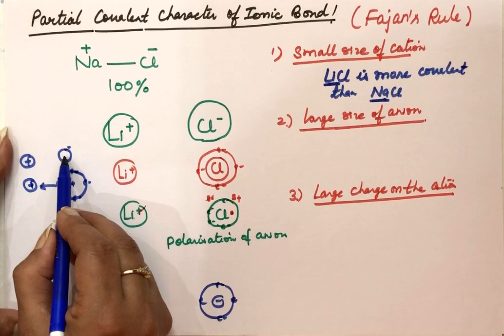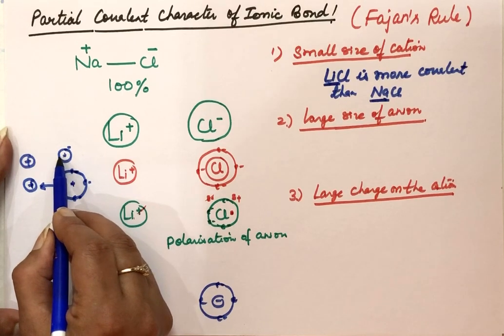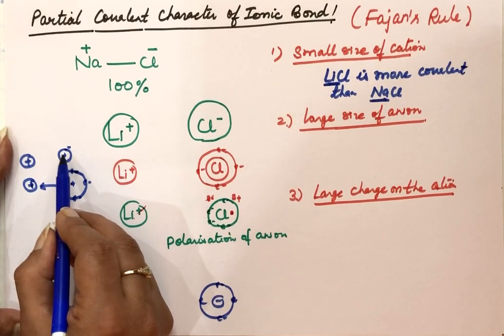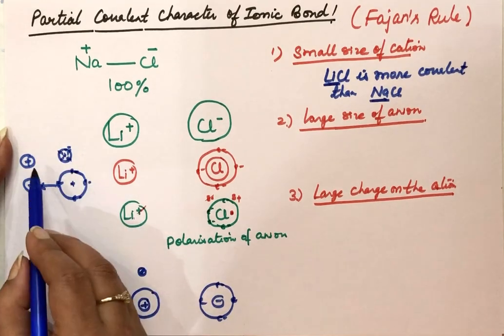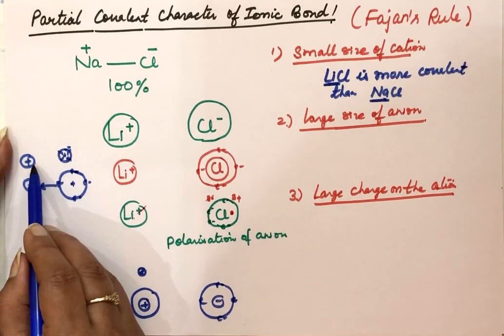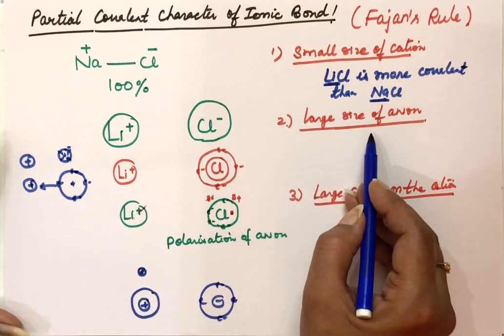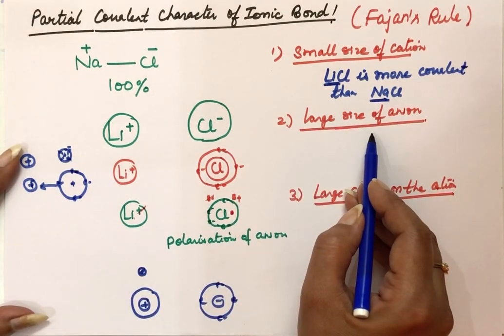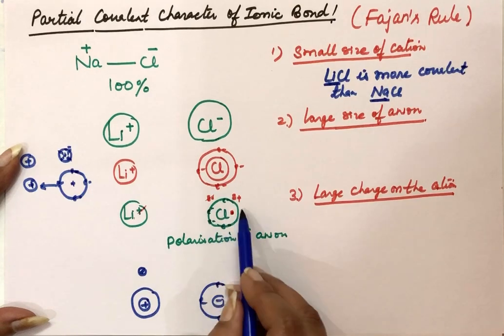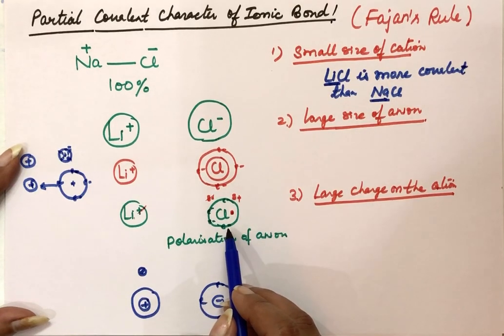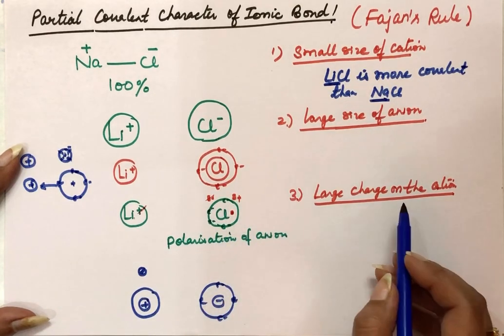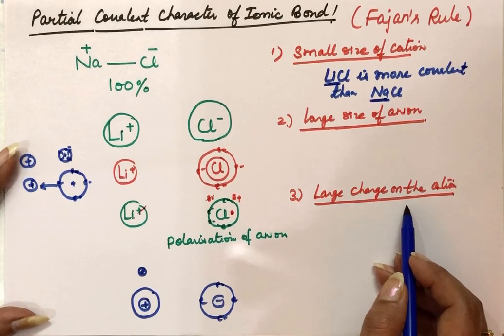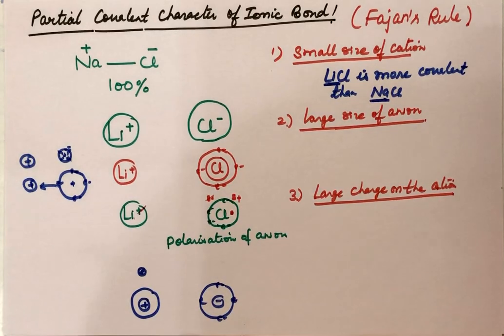But if the size of the anion is small, the electrons can't get distorted easily because the nucleus of the anion is attracting these electrons. So this cation cannot pull the electrons easily. So if the size of anion is big, then the polarizability of anion will be more and hence more will be covalent character.